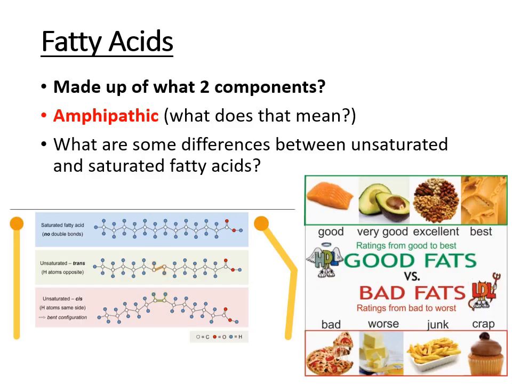So I want to go through each type of lipid one by one. The first big category that we have are the fatty acids. And because of the dietary health relation when it comes to fatty acids, I'm sure you've all heard a lot of the terminology we're going to go through today.